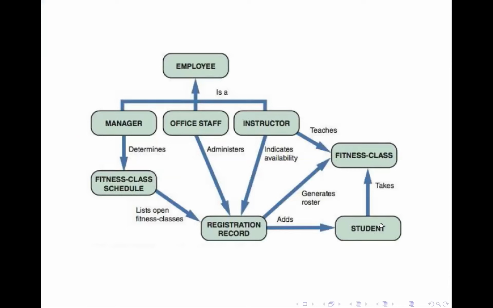Now, for example, in this particular case, you can see employee is a class, and then we have a set of subclasses based on that: the manager, office staff, and the instructor. So manager is an employee, office staff is also an employee, and instructor is also an employee. And then there are different interactions.